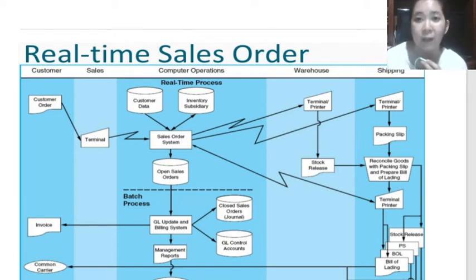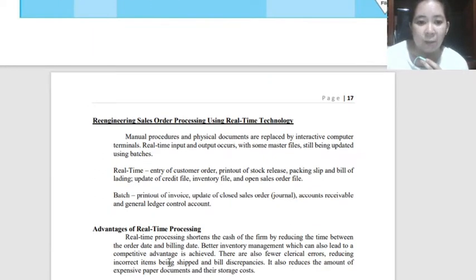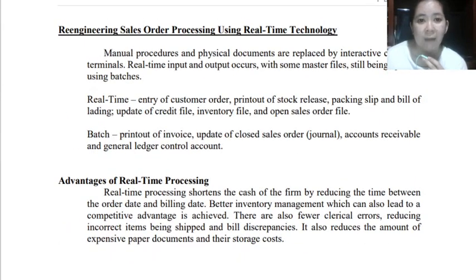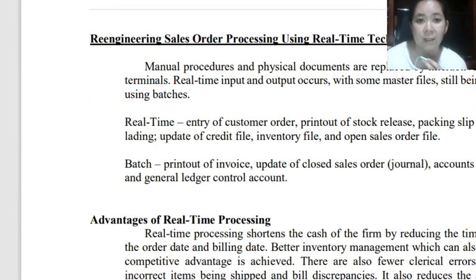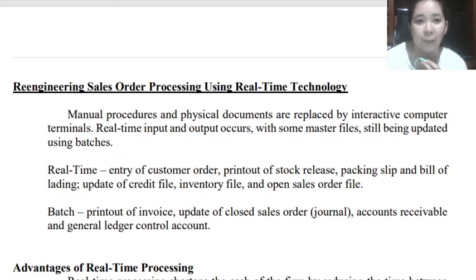Okay, and generate report at the same time. Okay, so those are just an illustration or example. Again, the entity can have their own design depending on their needs and how they process a particular transaction, which in this case relates to our revenue cycle.